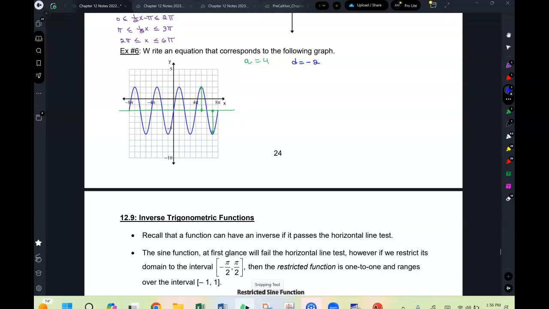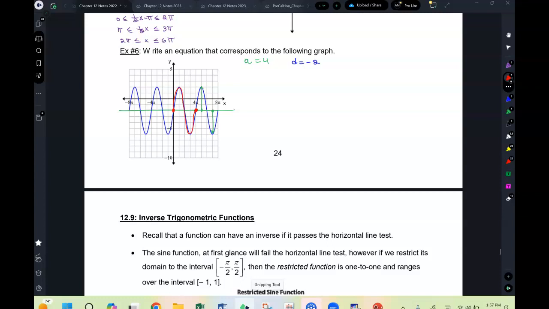Looking at the y-axis here, this is where the cycle starts. What you want to do is draw one cycle of this. Just trace out one cycle. Now, does that look like a sine or a cosine? Sine. Okay, let's figure out the period.